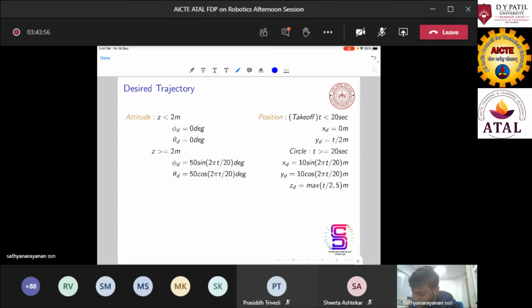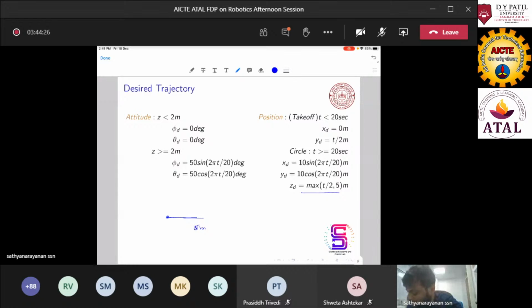Let me draw what happens here. You start from this point and go up in height, then you start to move in both x and y direction. In z direction, you move till 5 meters, because the maximum is 5.